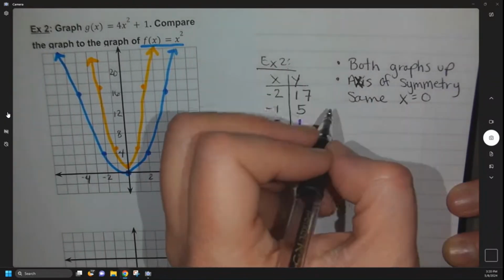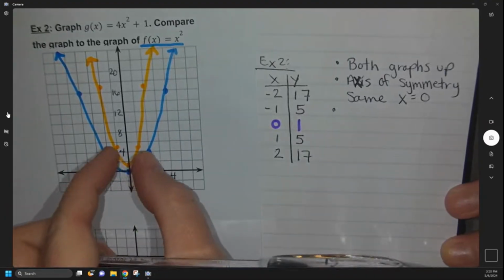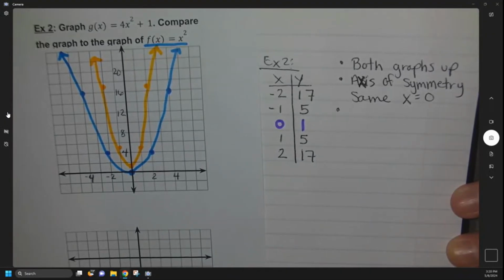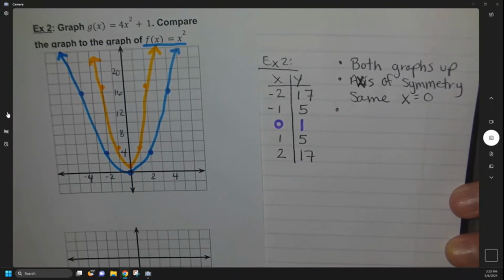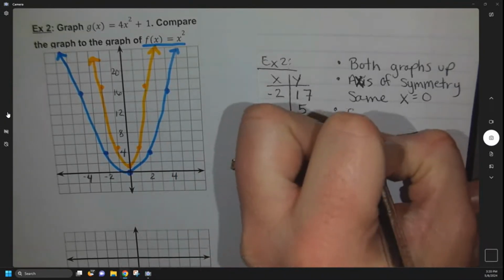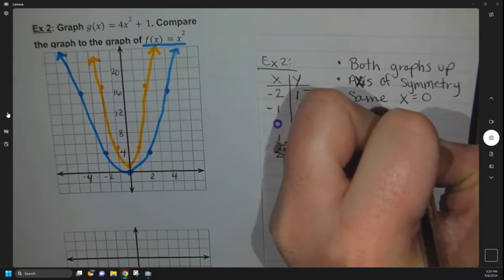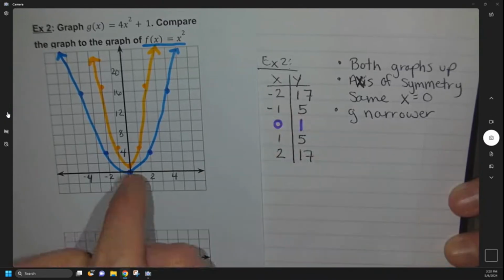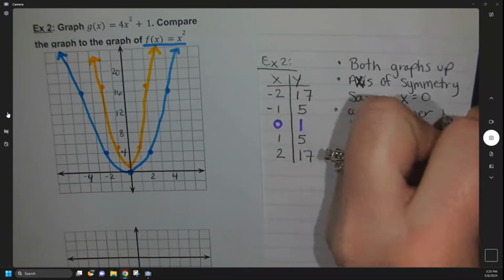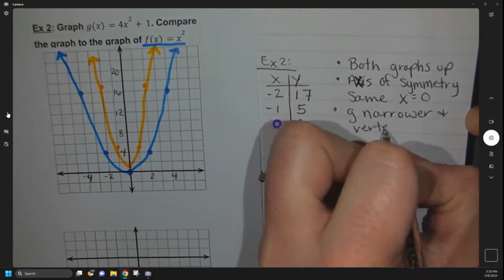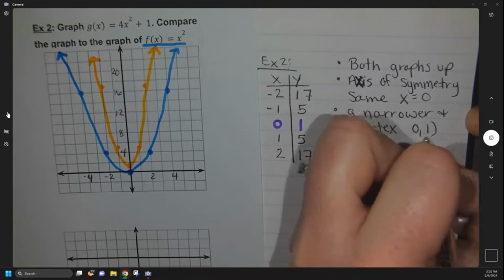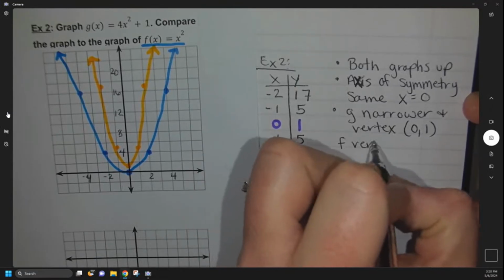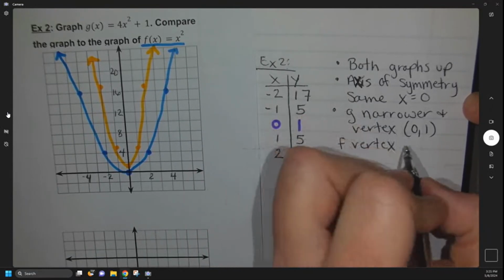We notice that g, the yellow graph, is narrower than the graph of f. Its vertex is (0, 1), while f still has that vertex of (0, 0).